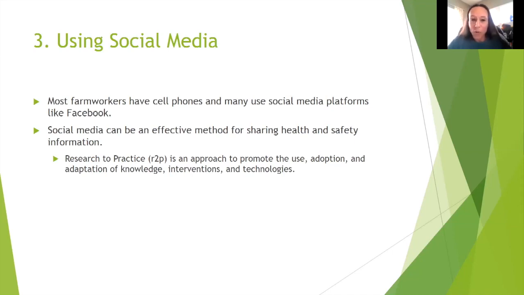I feel that social media can be a very effective tool for sharing health and safety information, and it's been used successfully in other industries, like construction, for example. So social media can be one way that we can disseminate information to different audiences.